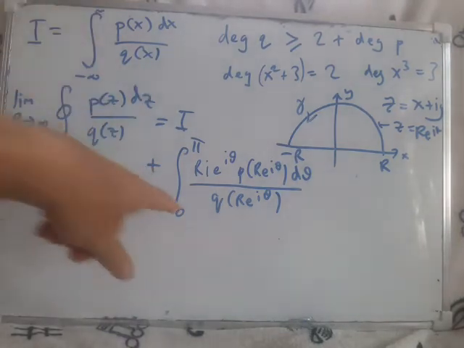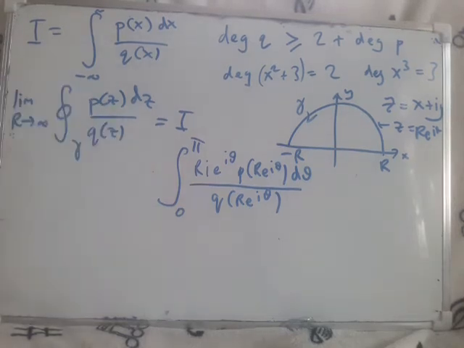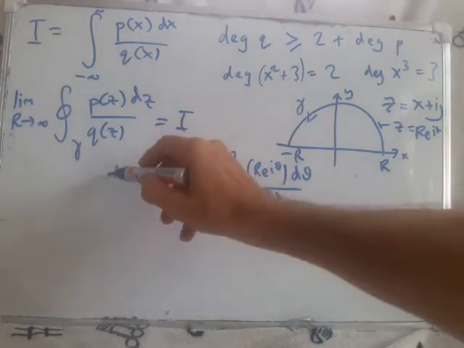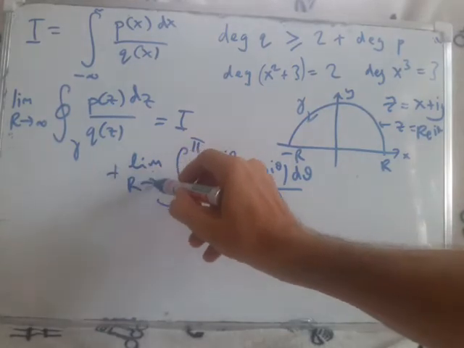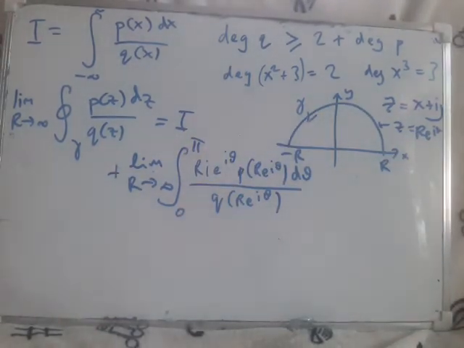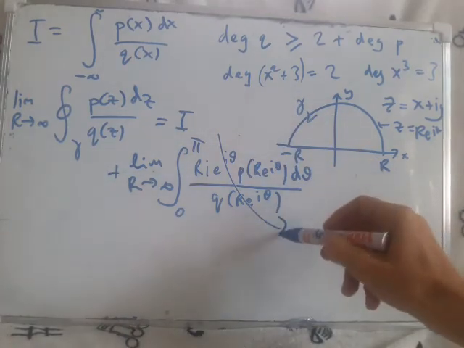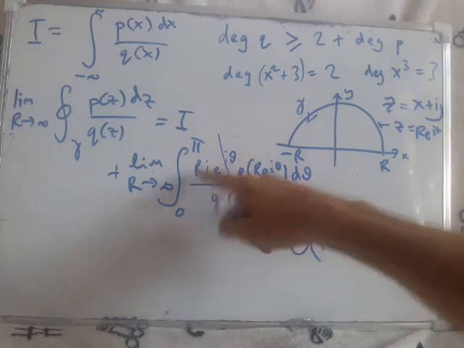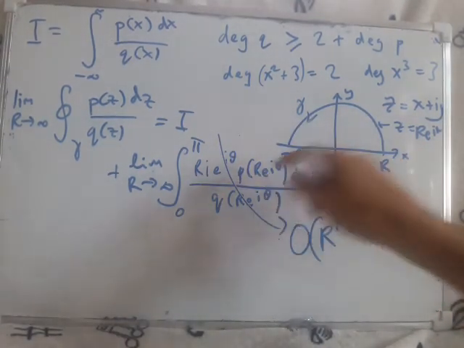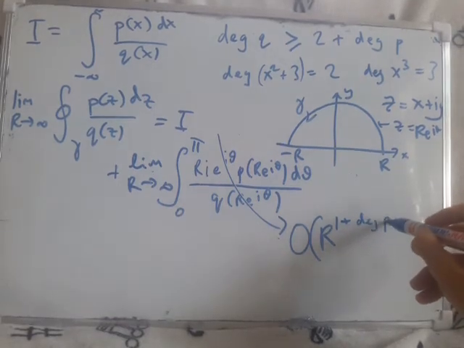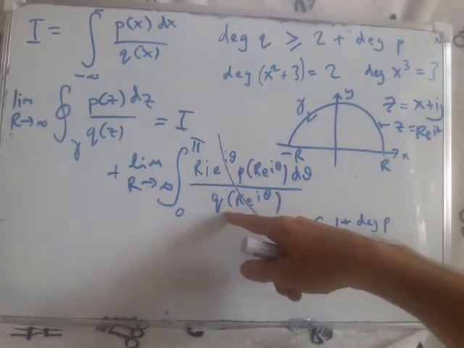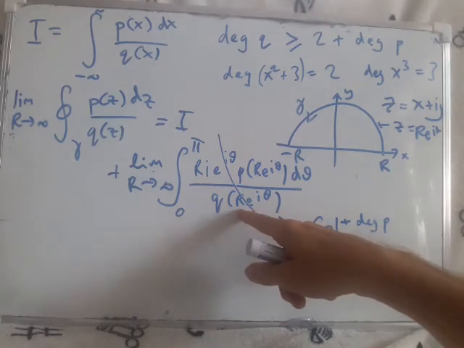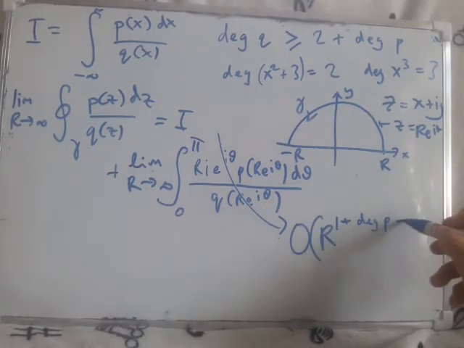Now the key thing is what happens to this as r goes to infinity. And that depends on the degree of p and q. So I can write this and say, well, okay, it goes off as order r to the power 1 plus the degree of p, and then I'm dividing by a polynomial in r, so it's going to be minus the degree of q.